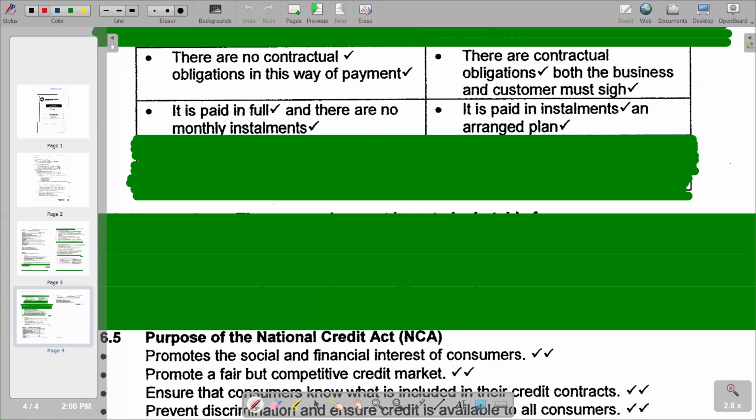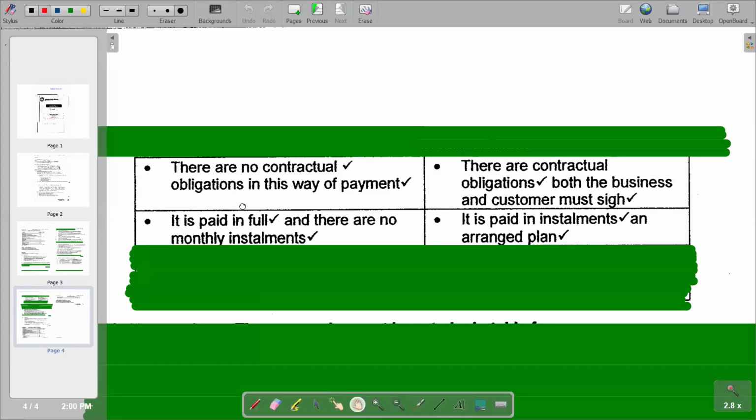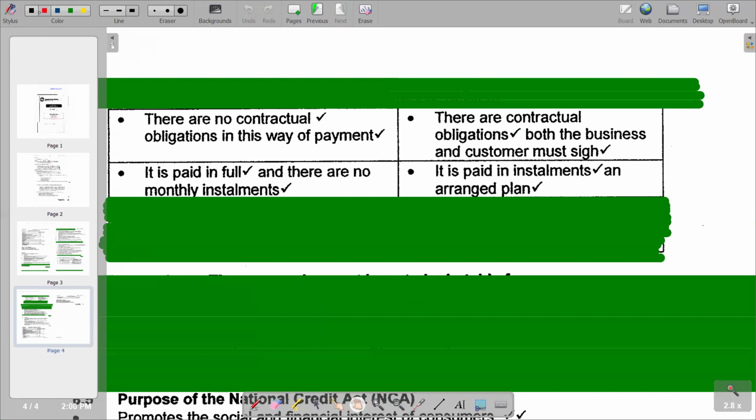Then we have other differences that are there on this page. The other difference that we can also include is that there are no contractual obligations in this way of payment, but with the other kind of payment, there are contractual obligations that both the business and the consumer must sign.